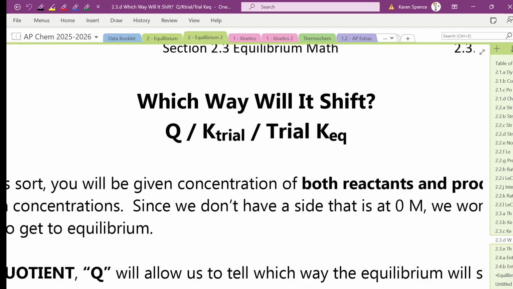So your quiz on 2.3 and 2.4, which is entropy, enthalpy, and spontaneity, which we will also cover on Monday, is going to be Wednesday, October the 8th.